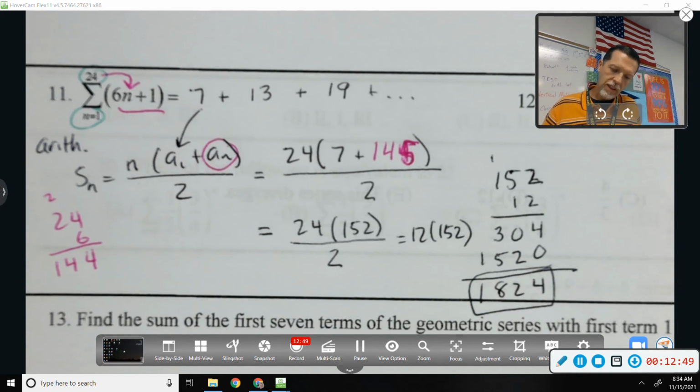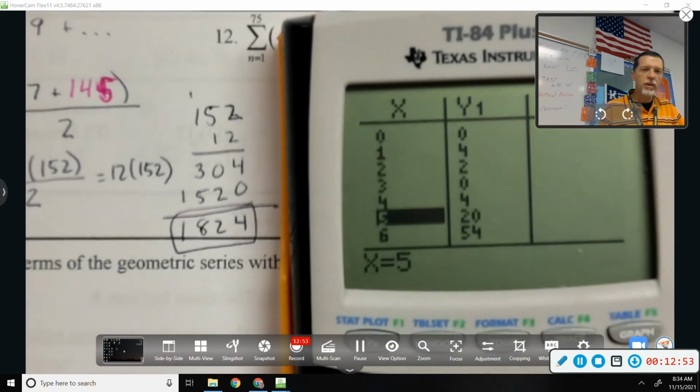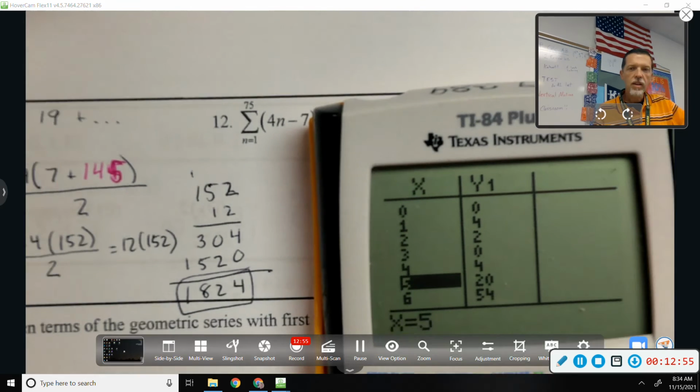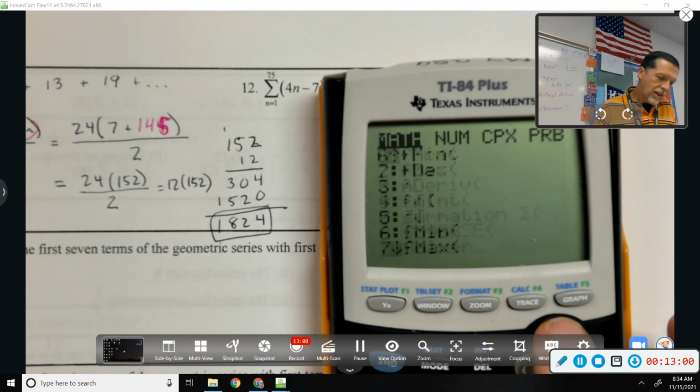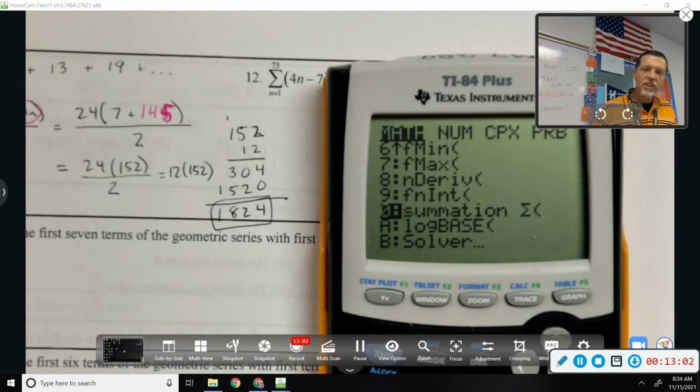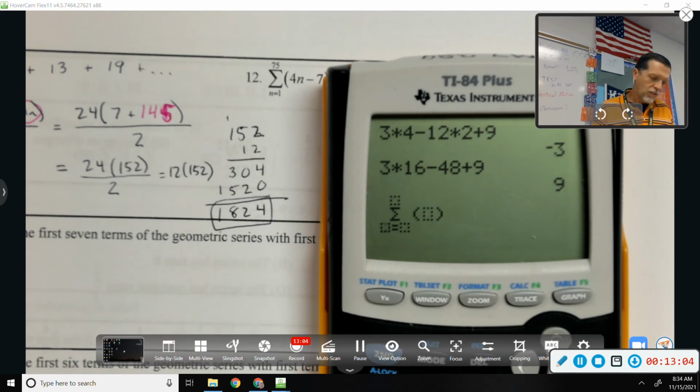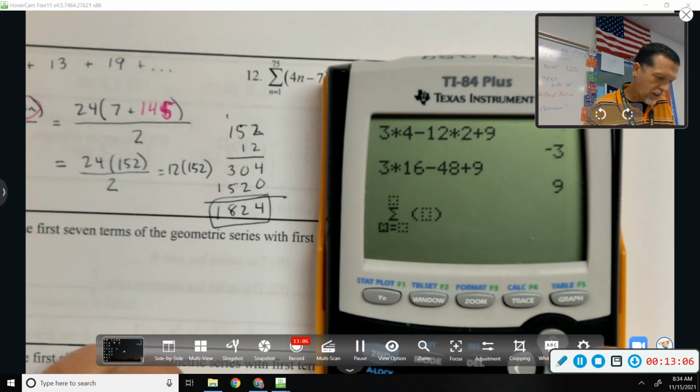Trying to find it on the calculator and show you why we don't. Here's why you don't have a calculator on this part of the test. Because if you go to math and you go to summation, then you can just fill in the x equals 1 to 24, 6x plus 1.